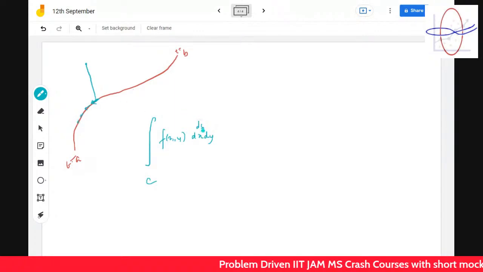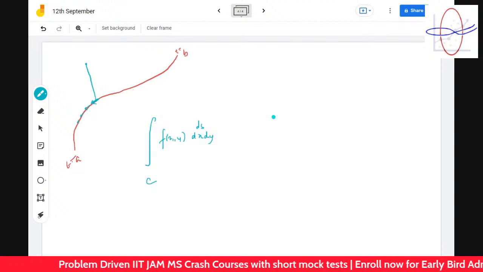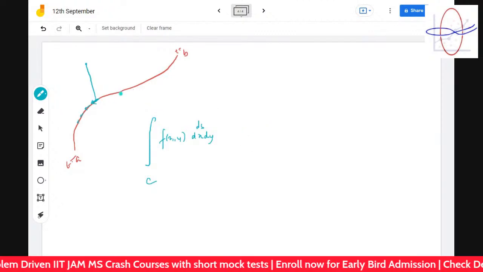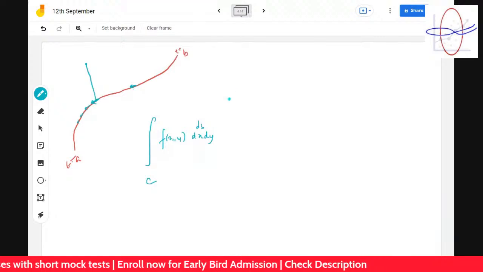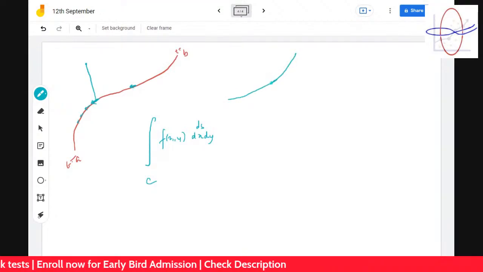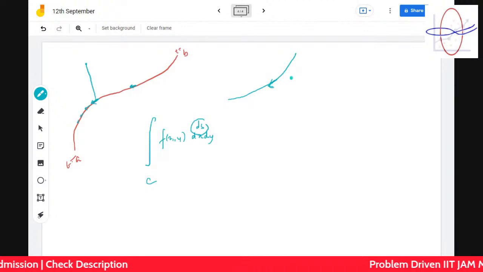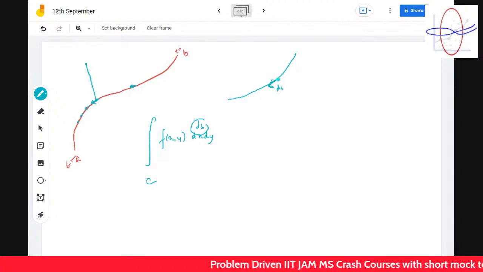This is a ds, and it means that understand that the small arc, a tangent at this point, right? So if you zoom it in, this small ds can be written in terms of dx and dy. So let's write it out, understand this.